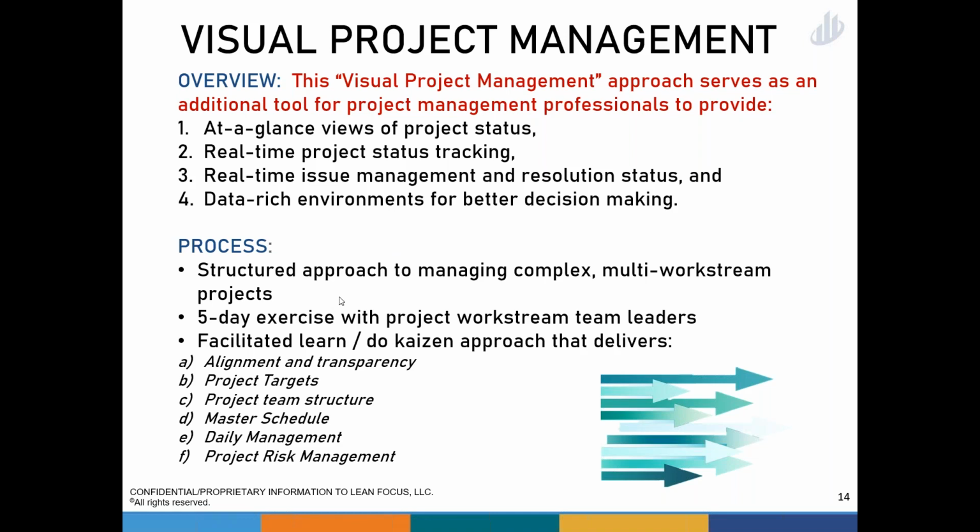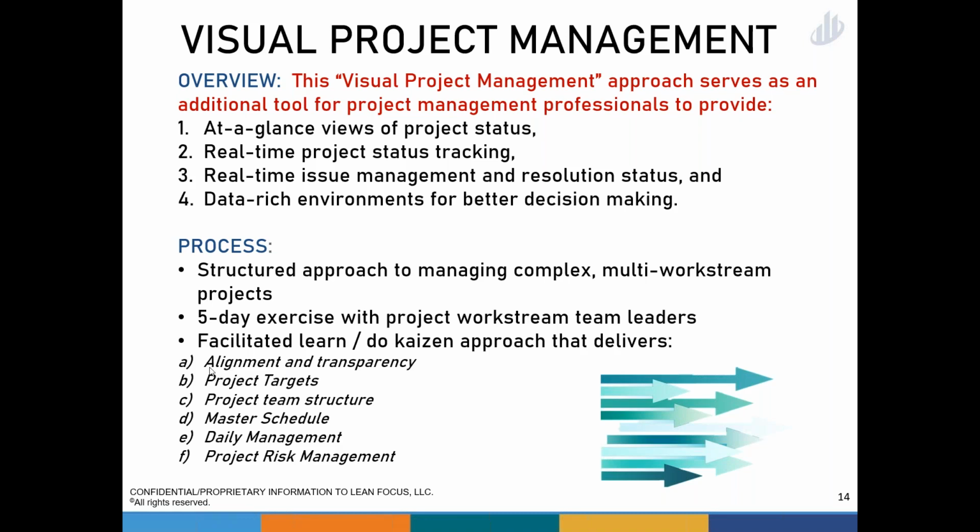So that structured approach, it's a 5-day exercise with a project work stream. So once you get your project in place, or as you're starting to develop that overall project plan that you're going to then introduce VPM against, a 5-day approach to do that. And it's really this learn and do approach, right? The Kaizen approach to it.